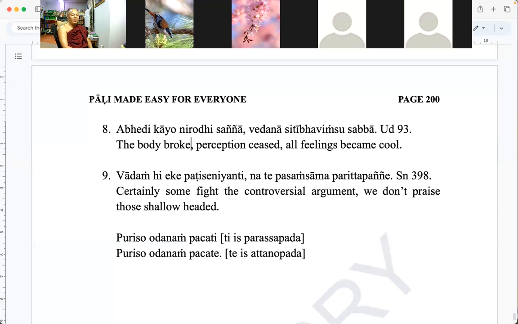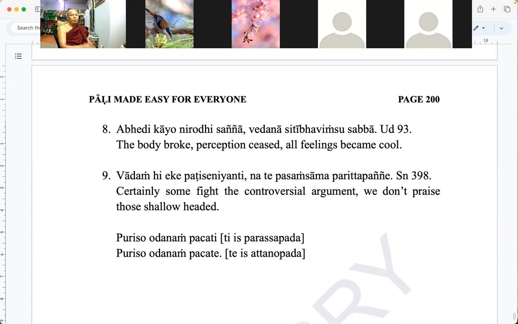This one is just for the phrase only of the body, that when the body was broken, the perception, sanna, has already been seized, and all of the feelings, vedana, also become... Not that way. Here body is just a translation of the word kaya. Actually kaya here is referring to the rupa kaya, I mean the rupa khandha.